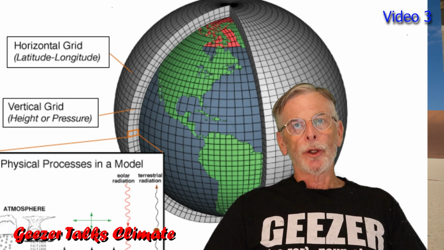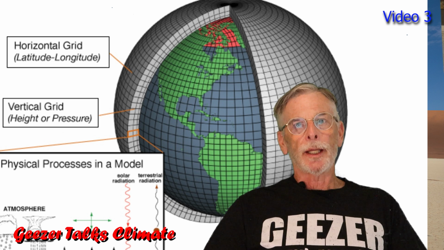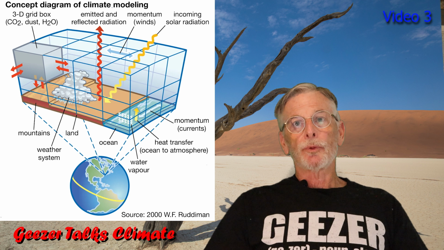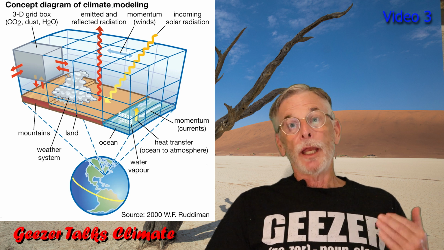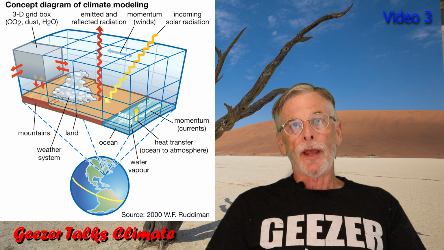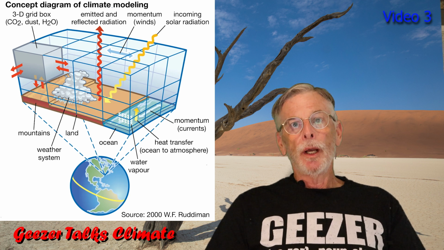Taking a little bit deeper look at that, you've got solar radiation coming in and striking the Earth's surface, and radiation being emitted back away from the surface, and we'll talk more about that in the next video.